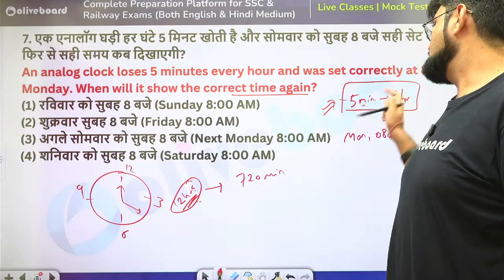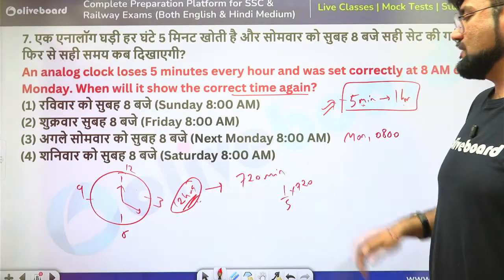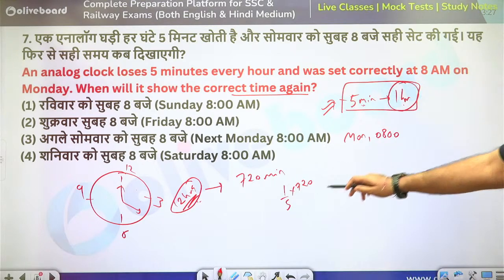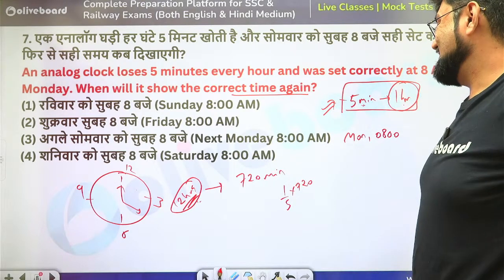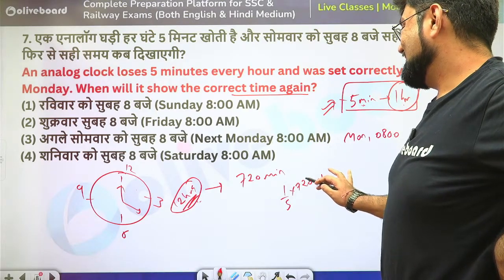So if 5 minutes in 1 hour, so 1 by 5 into 720. This is what we are looking at. This much time it will take for it to lose 12 hours, right? If I divide this further by 24, these are minutes, no?